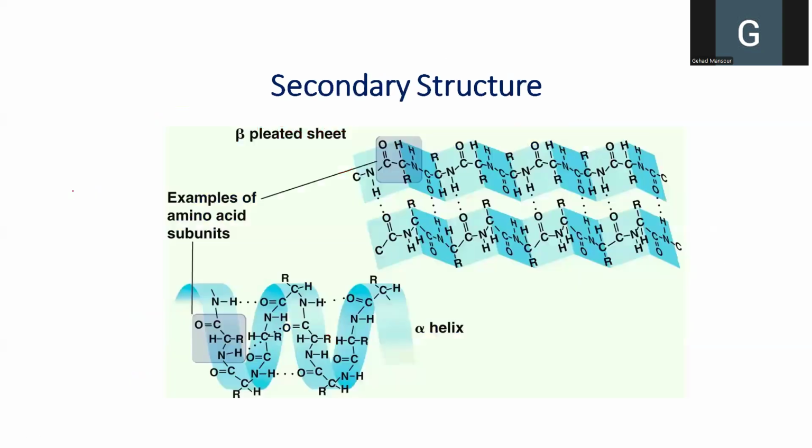So if we come back to this, we would find that where is the central carbon atom here? The central carbon atom is here. And this is the peptide bond. So here we have a carbonyl group, and here we have an amino group. And then if you look here, this is the hydrogen bond we are talking about.